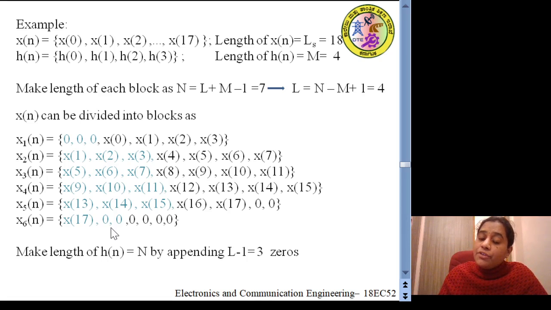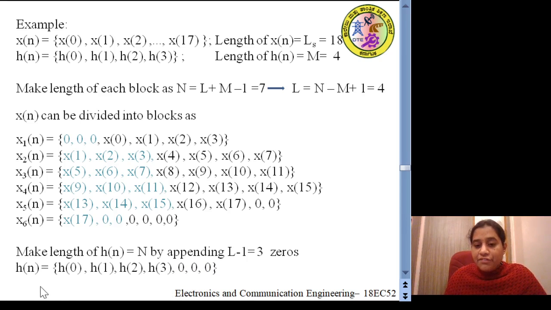So, that linear convolution we are obtaining here by using circular convolution block by block. So, now we are making the length of the impulse response equal to the length of the block just by appending L minus 1 zeros to these M samples.